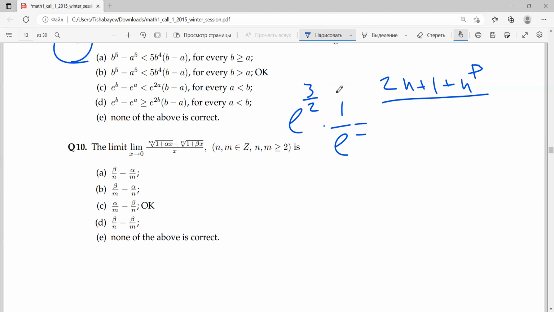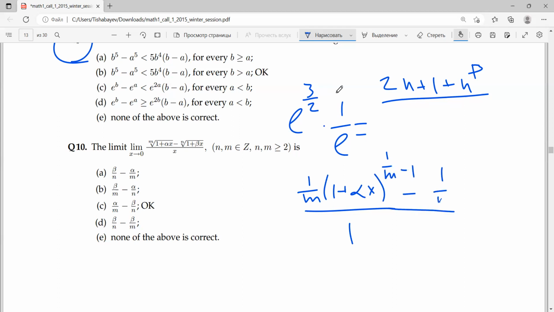If you use L'Hopital's rule, in the denominator we get 1. In the numerator, because we get 0 over 0, we have 1 over m times 1 plus alpha x to the power of 1 over m minus 1, minus 1 over n times 1 plus beta x to the power of 1 over n minus 1, multiplied by alpha and by beta.